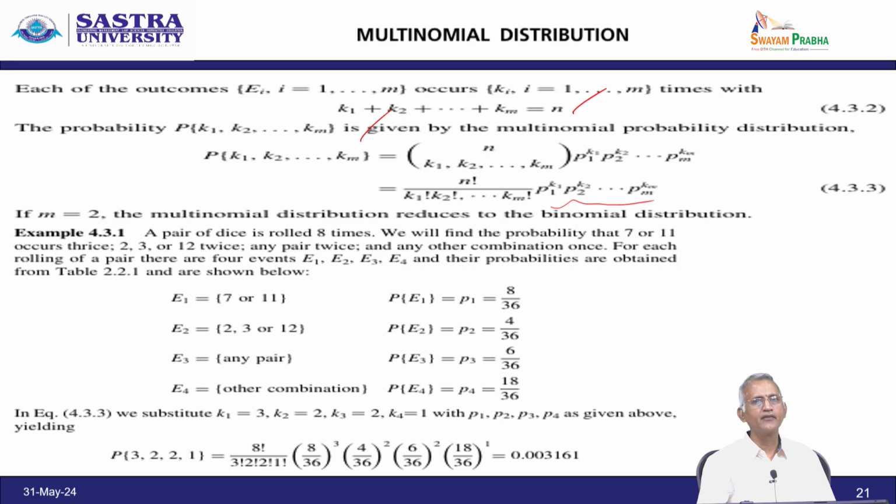Recollecting the definition, if you put m equal to 2, the multinomial distribution reduces to the binomial distribution. Now we go on to one example.